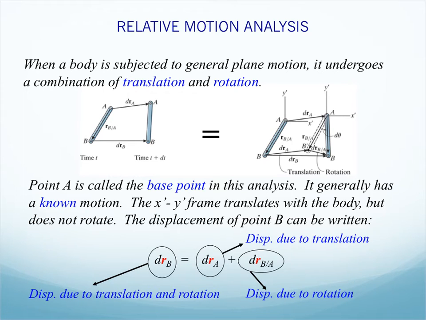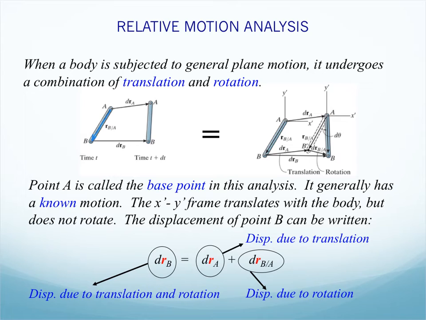So for instance, here we have point A, and notice this piece right here is moving like this, but a little bit of time later, it's not only translated, but it's also rotated a little bit. And so we're trying to figure out, if we know the motion of one point, like point A, can we figure out the motion of point B because it's attached to it?